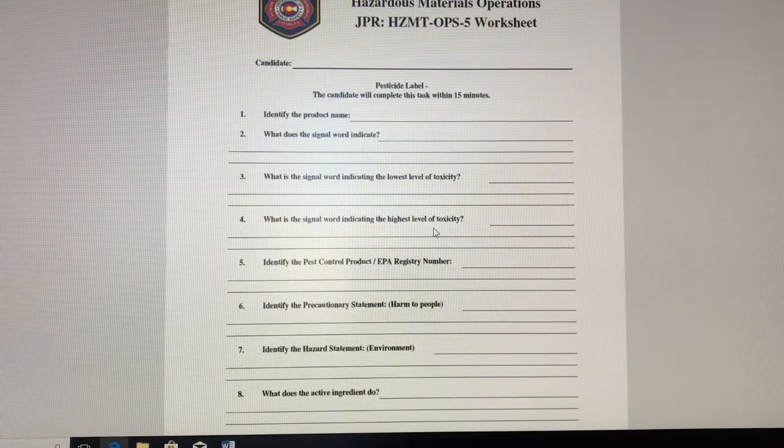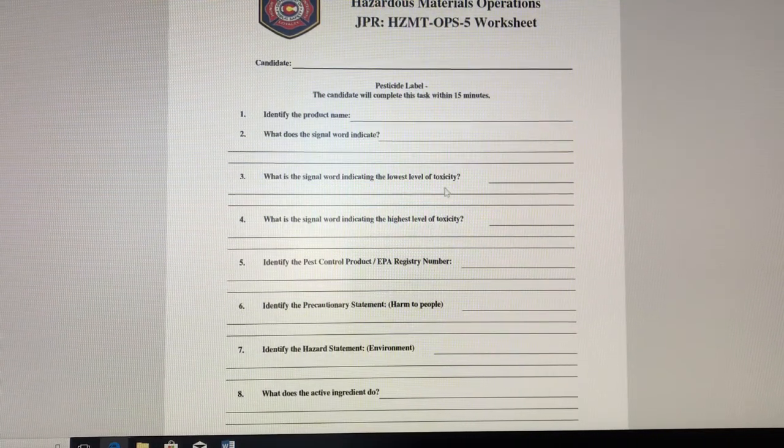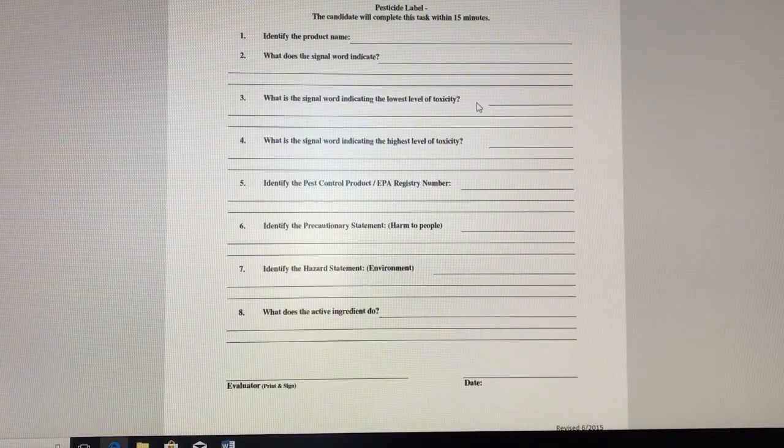Again, from your reading and from your studies, danger or poison are used for the highly toxic materials. So you'll have to have a little bit of memorization from your text and from your classes and be familiar with these definitions. Know which of the signal words is the highest, know which one is the lowest.